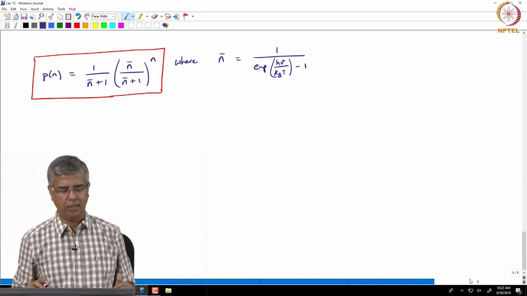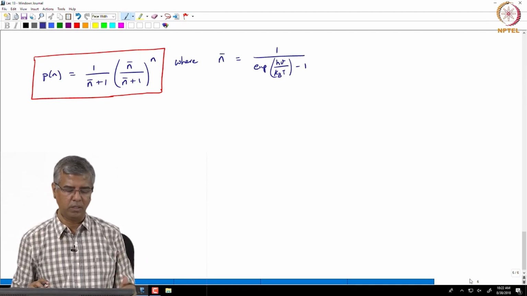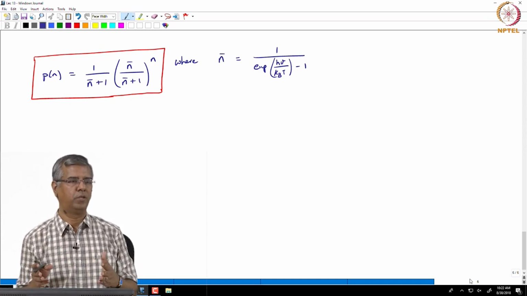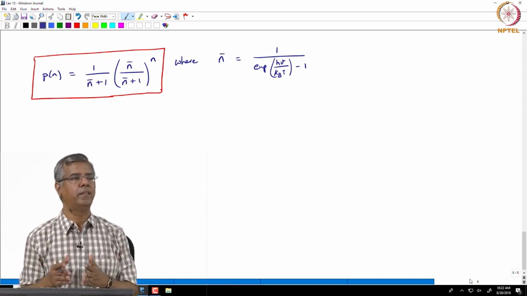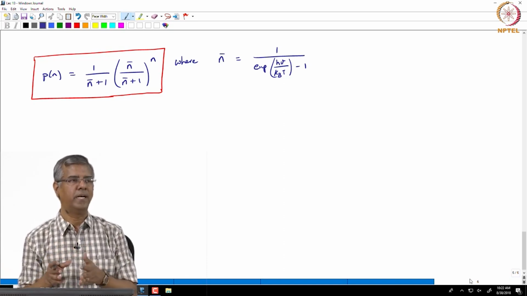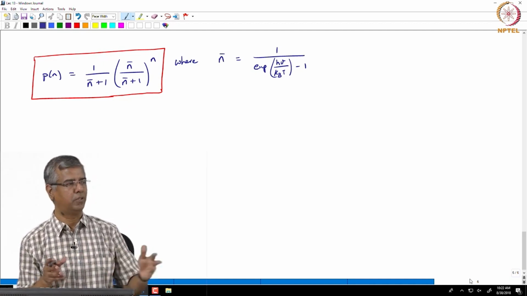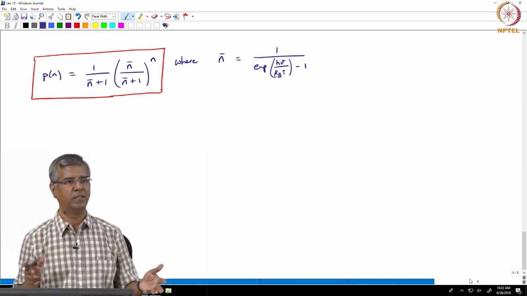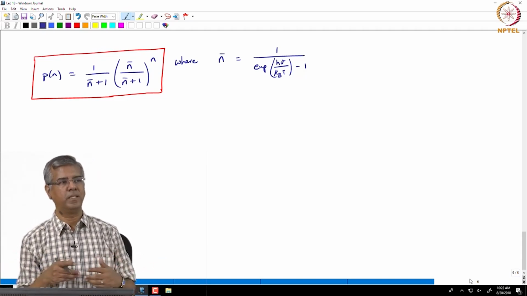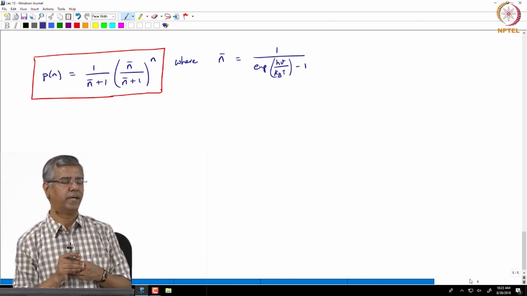Last week we were talking about that probability. If you have n bar equal to 10, it does not mean that you will exactly emit only 10 photons. There is a finite probability that you might be emitting only 5 photons, or that you are emitting 0 photons within a particular interval.